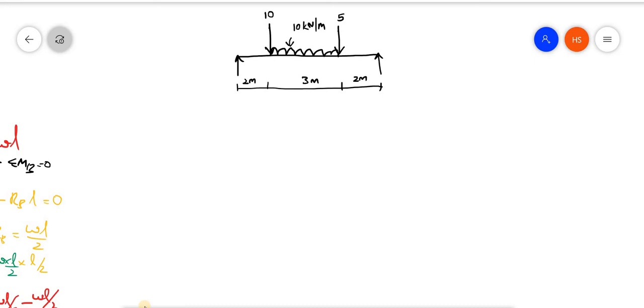So the total span is 7 meters. I have to find out the shear force and bending moment diagram. So that is the question.